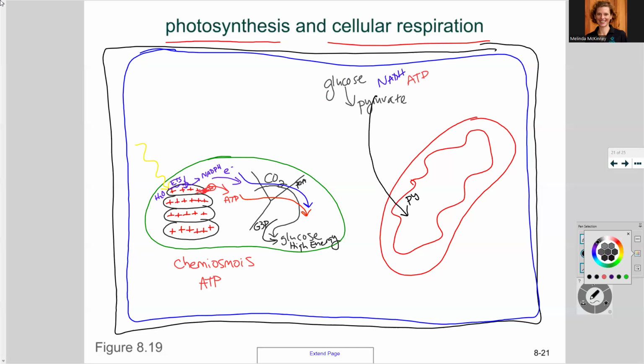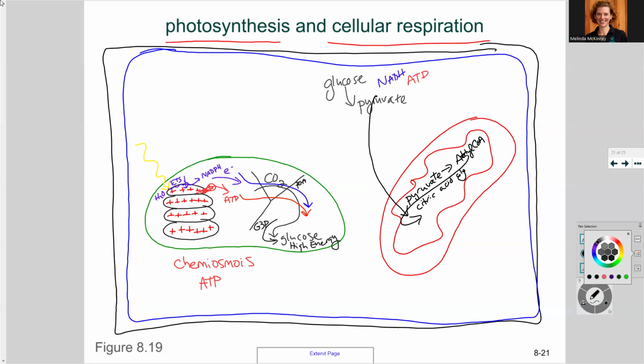So we take pyruvate and we break it down into a smaller molecule. It's called acetyl. So then that's combined with an enzyme to stabilize it, acetyl-CoA, okay? And then we take that, and the next one is what's called the citric acid cycle, and we break it down further.